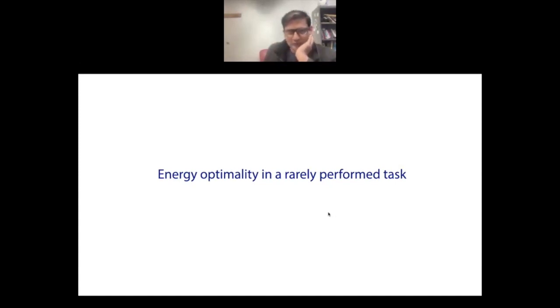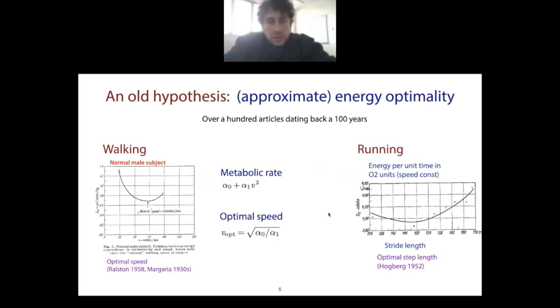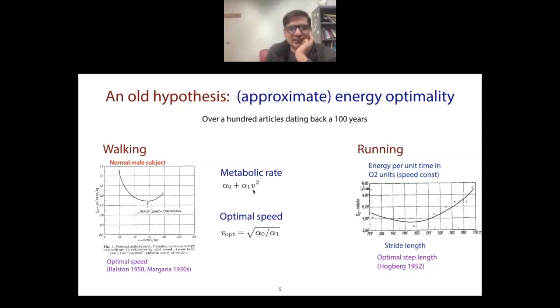So Raj, do you mind if I ask one question real quick? Is there a reason why in the previous slide there is no linear term in the velocity in the first equation? No big reason. This is what Ralston happened to do. The quadratic fits the healthy human metabolic cost curve pretty well.